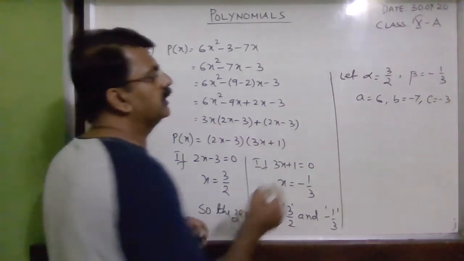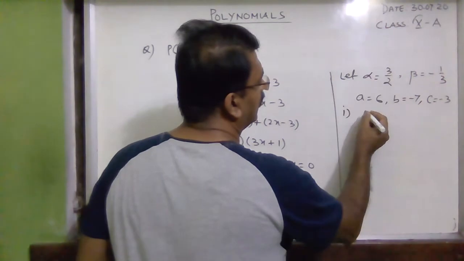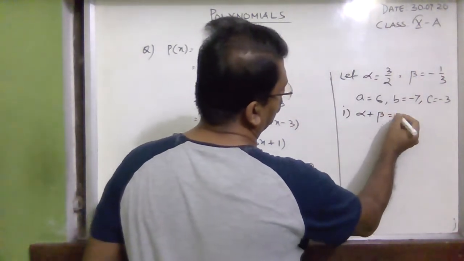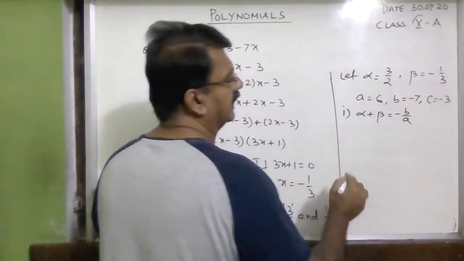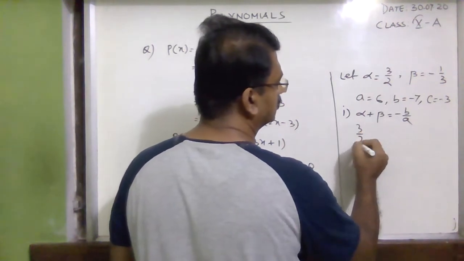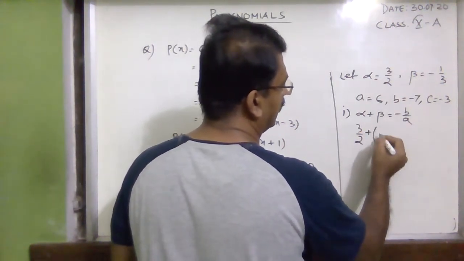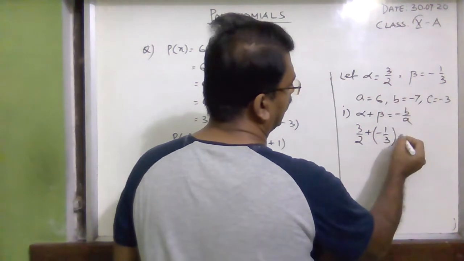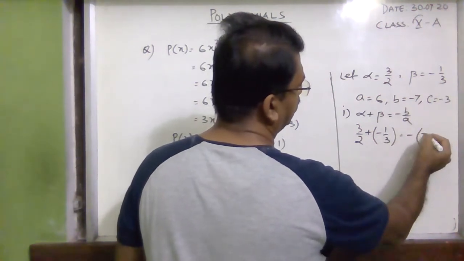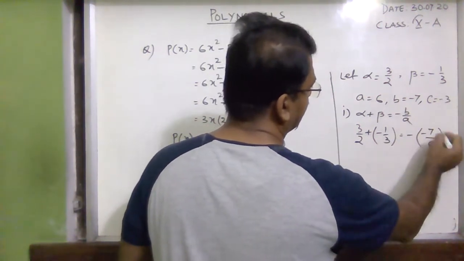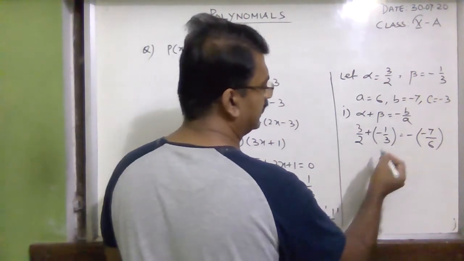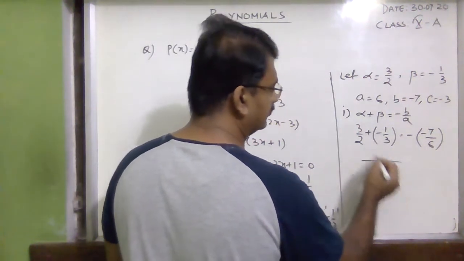Now we are going to verify the first relation, which is alpha plus beta is equal to minus b by a. Now see, 3 by 2 plus minus 1 by 3 is equal to minus b, which is minus 7, by a, which is 6. First of all, we can take 6 as the LCM.